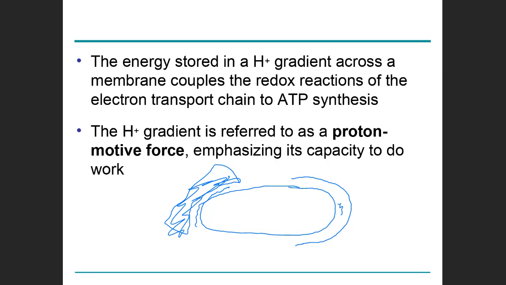And the electron transport chains in bacteria are embedded in the cell membrane. So in the plasma membrane, that's where the transport chains are, right? Because they only have that one membrane, so that's where the transport chains have to be.